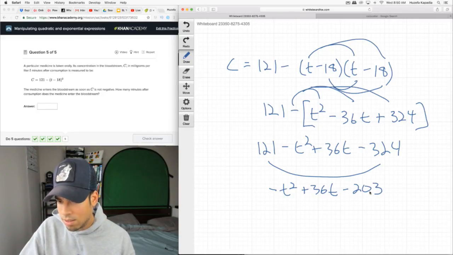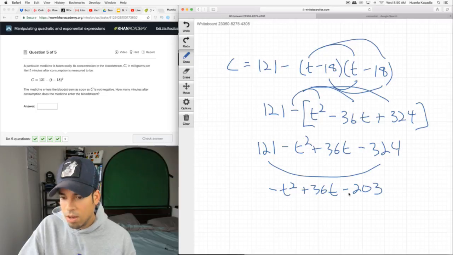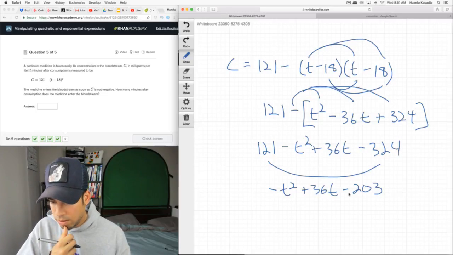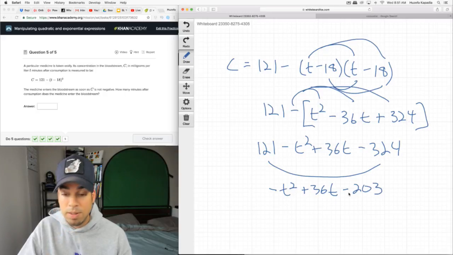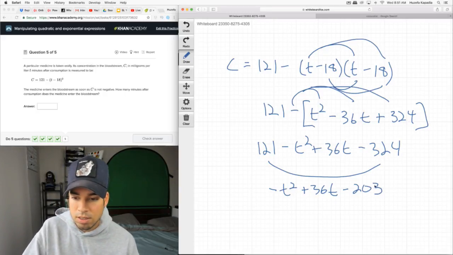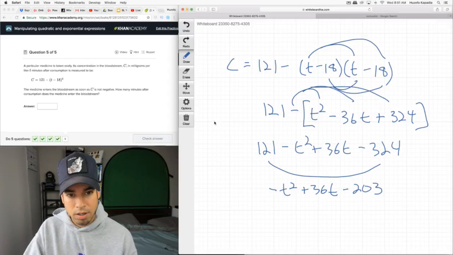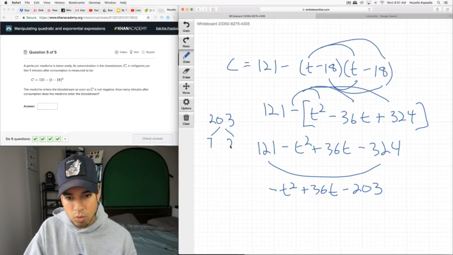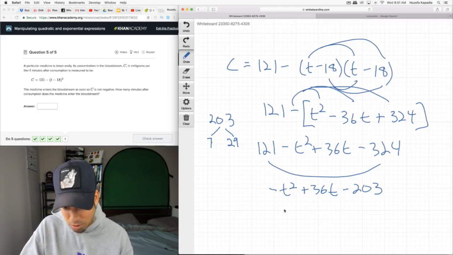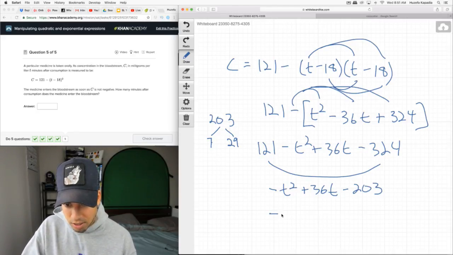I feel like this doesn't have any factors really, because it's not divisible by 3. Actually, 21 times 7 is 147, and 203 is divisible by 7. These are tough problems. So it's divisible by 7, and 7 times 29 is 203, and these just happen to add up to 36. So it is factorable, which is good.